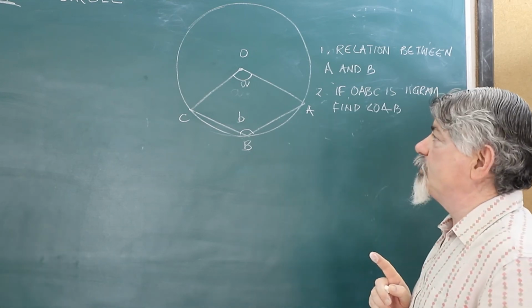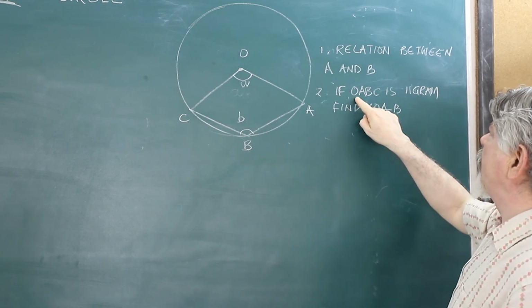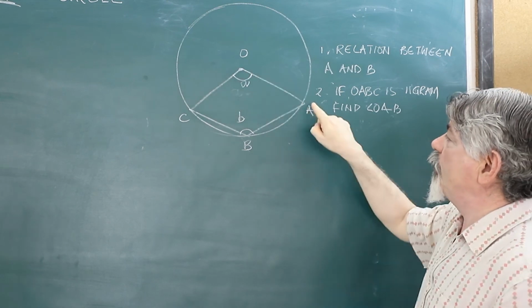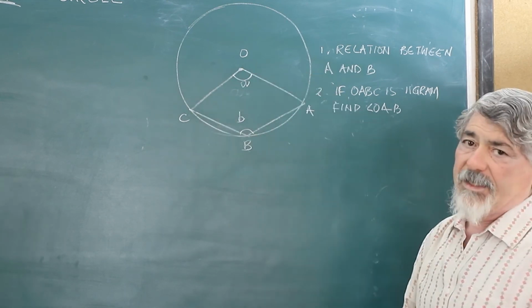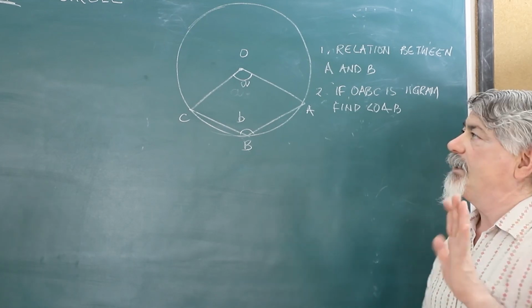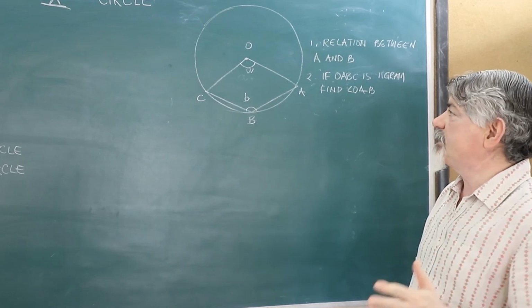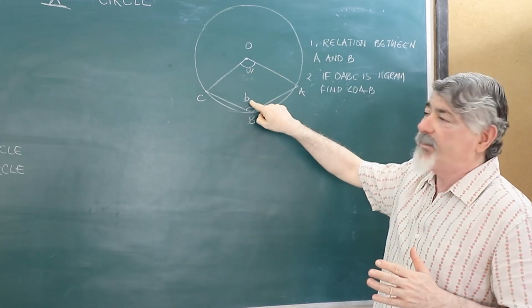Number 2, he wants you to find out the value of OAB if this becomes a parallelogram. In the first case, he is not talking of the parallelogram. He wants to find out the relation between A and B.